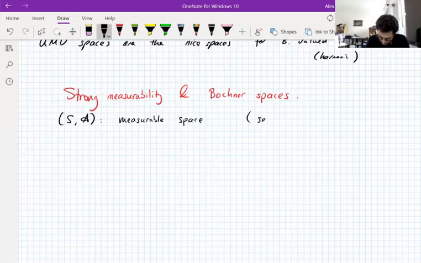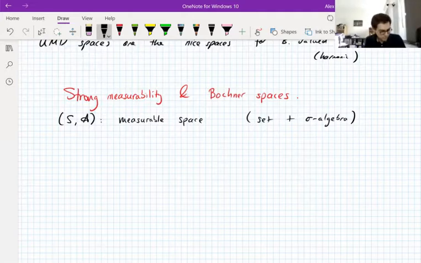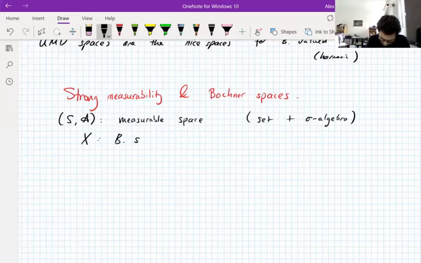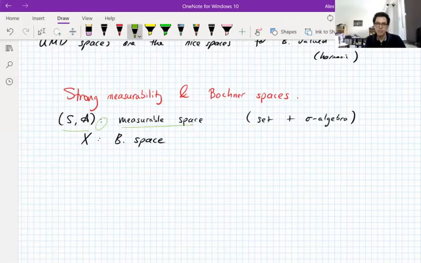So it's a set with a sigma algebra, but no measure, not yet. And we'll let X be a Banach space. By the way, I'm going to abbreviate "let thing be thing" by just "thing colon thing". This is just my short way of writing let this be that, yeah?